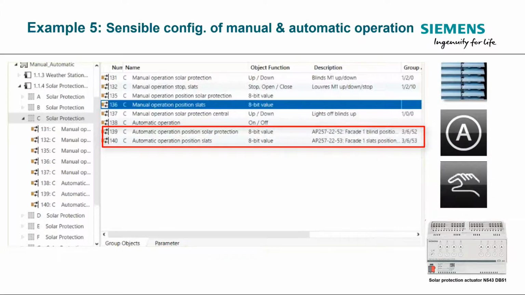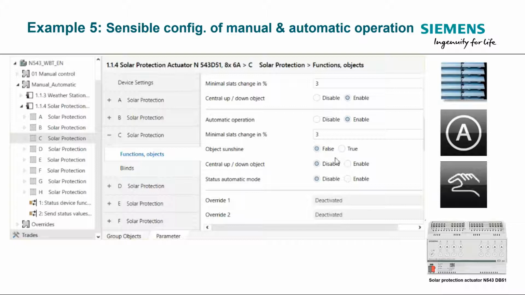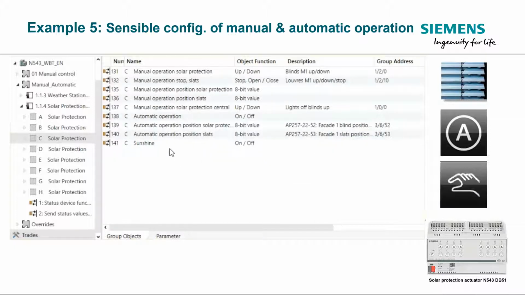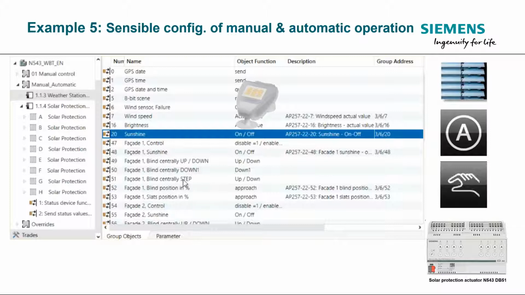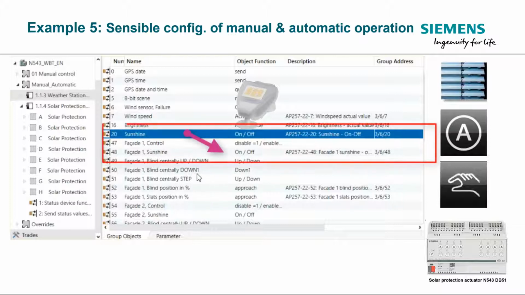The automatic mode itself now has further options. The object sunshine becomes important in connection with the weather central AP25722. This object is basically identical with the limit value indicator sun yes-no, but related to the facade angle.